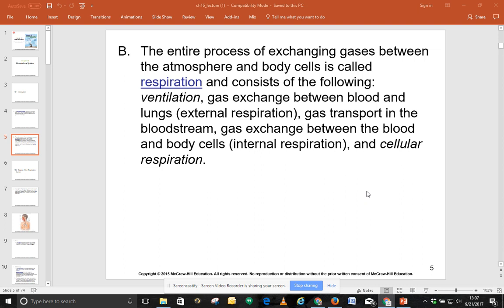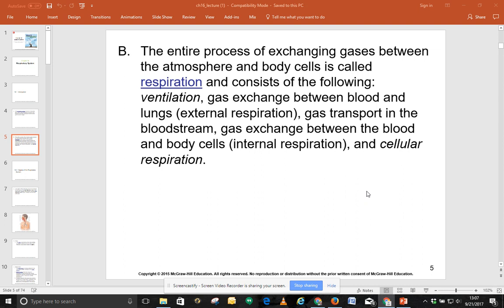Now, respiration consists of ventilation, which is the gas exchange between the blood and the lungs. We call that external respiration. And then we have gas transport in the bloodstream, or the gas exchange between the blood and the body cells, and that's internal. So, general overview, respiration, breathing.